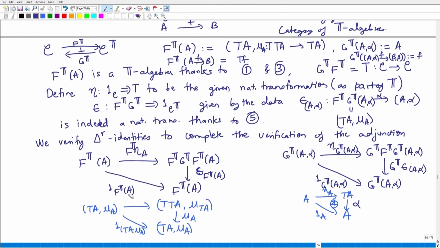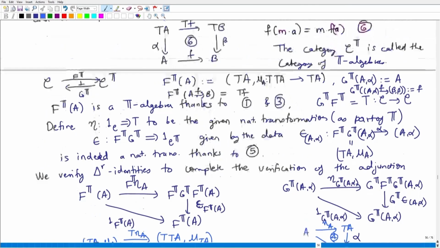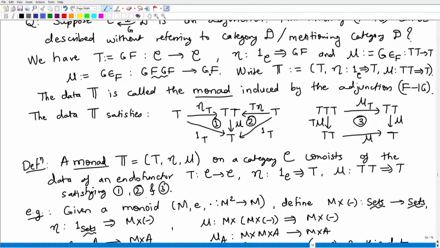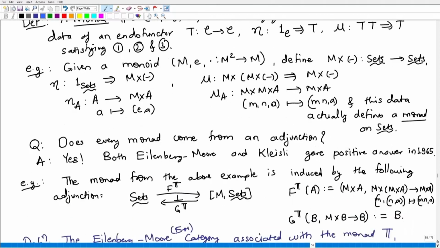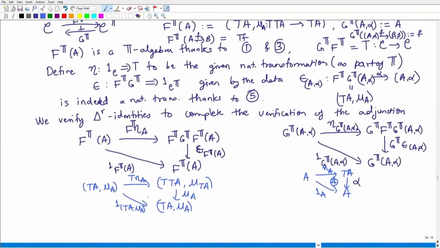Yes, T eta sub A. And this is the image of 4 under F_T. This is nothing but just diagram 2. T eta sub A, please look at diagram 2. That's precisely what we are writing, at object A. So we verify these triangular identities.